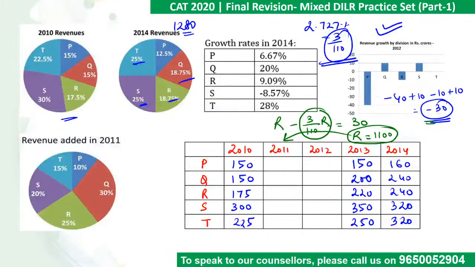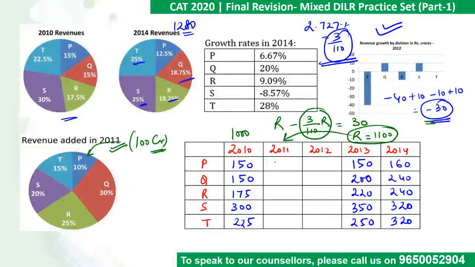Okay, and if I have the revenue of 2011 and I have these things as well, right? ये ध्यान रखिएगा, ये revenue added है 2011 का. So revenue in 2010 was 1000, 2011 में हो गया 1100. So that means revenue added is 100 CR. उस 100 CR में P कितना है? 10%, that is 10.